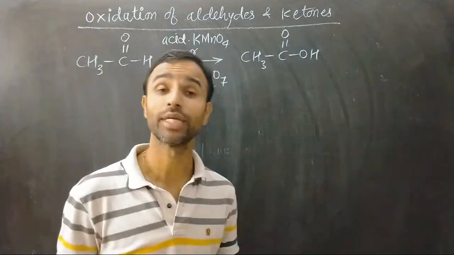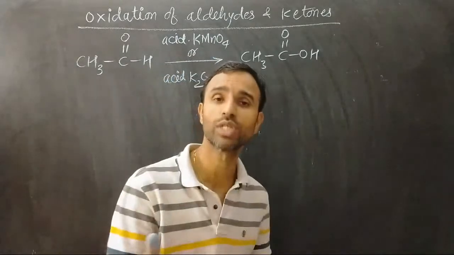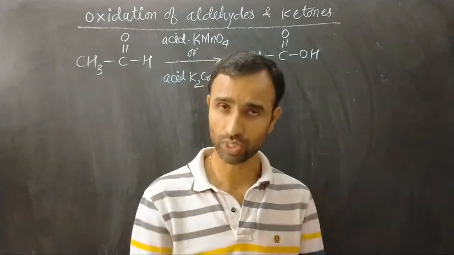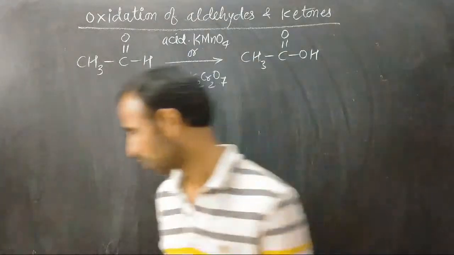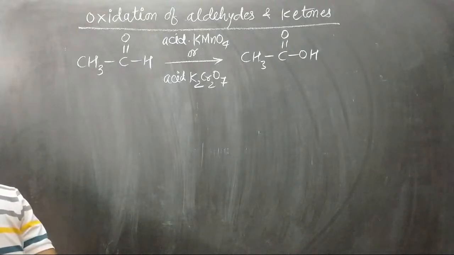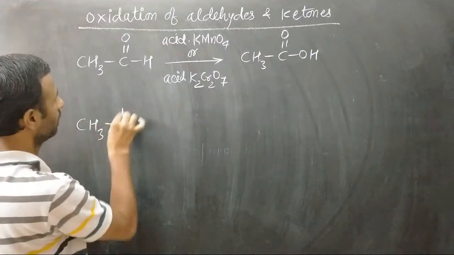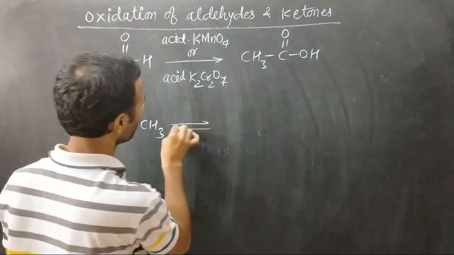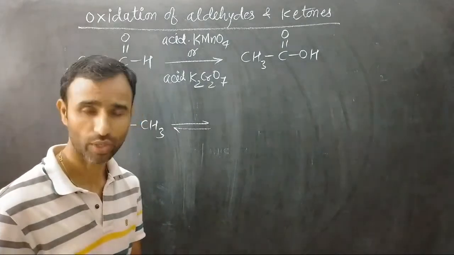atoms. But ketones are difficult to oxidize, and if they are oxidized, then we get carboxylic acid with a lesser number of carbon atoms. Am I right? For example, let us convert acetone into carboxylic acid. To convert acetone into carboxylic acid, we use HNO3. Okay.